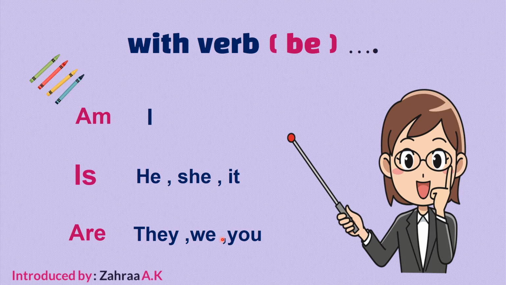So the use of a present simple tense sometimes with the main verb and sometimes with verb to be، وهو إما am أو is أو are. So let's see the sentence with verb to be. راح نشوف كيف تكون الجملة مع فعل الكينونة.